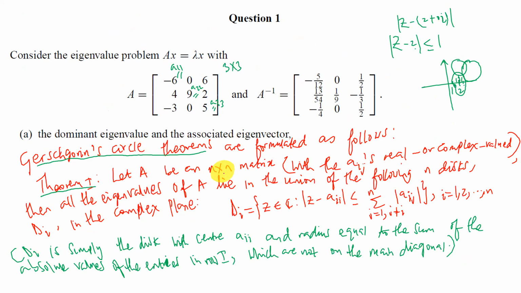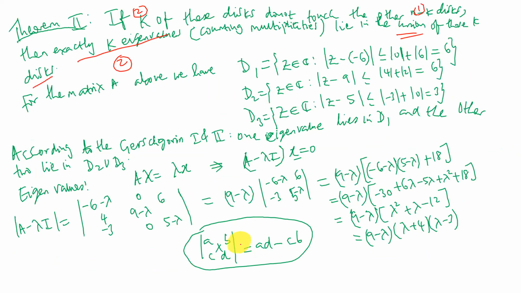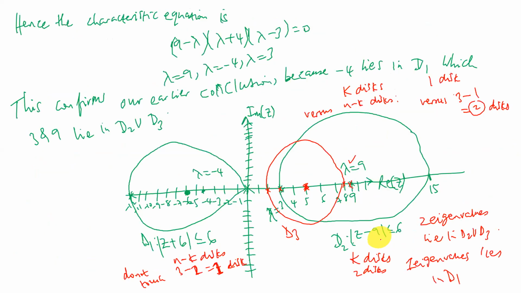So the dominant eigenvalue is 9 because we found the eigenvalues, and the one with the largest magnitude is 9, because it's 4 and minus 3. Just ignore the signs and check the modulus of each one. And so 9 is the one that is dominant.